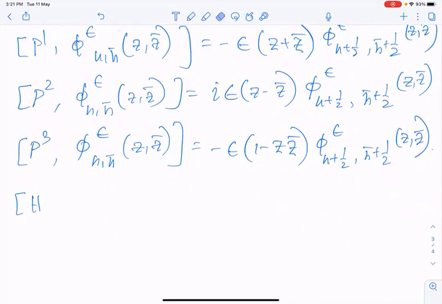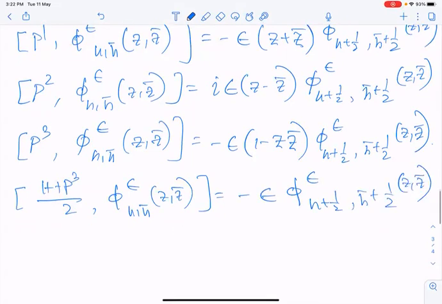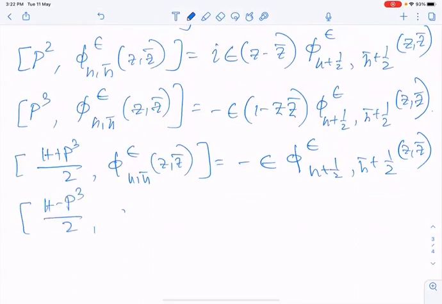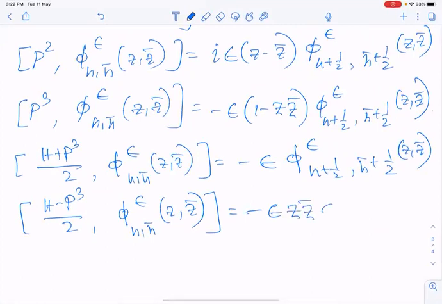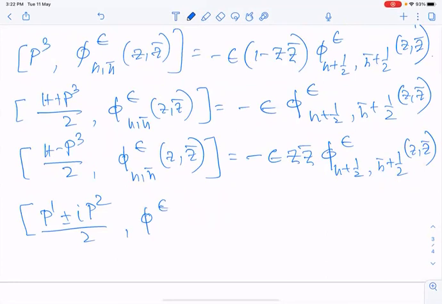So it is like H... Similarly, epsilon z z bar, then you have another, P1 plus minus i P2 by 2, commutator, this of course is just given.